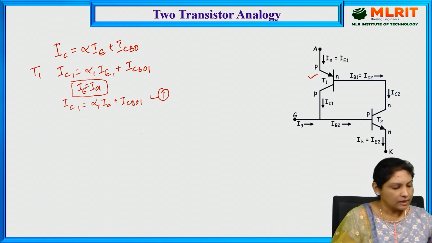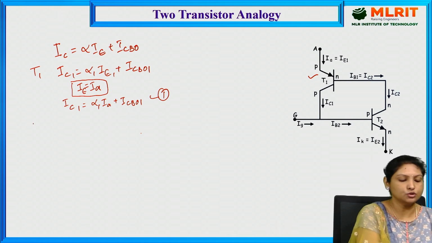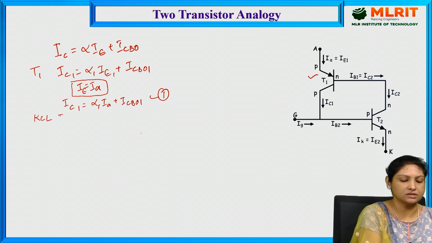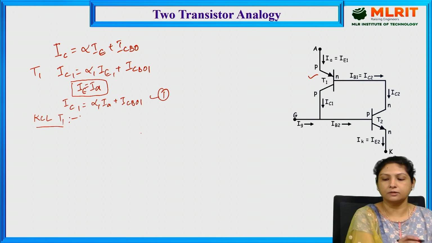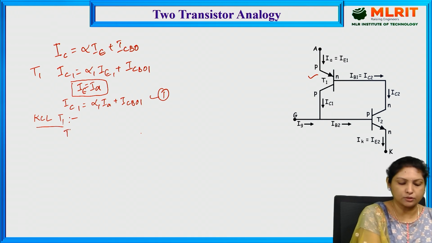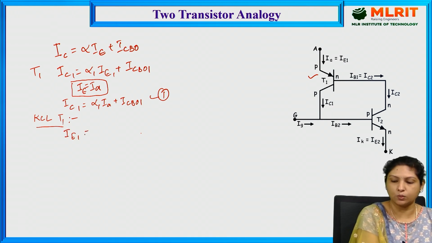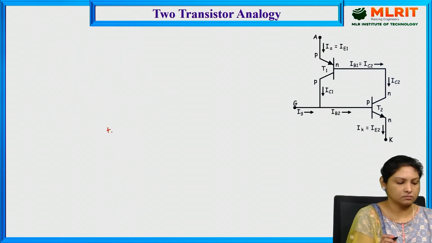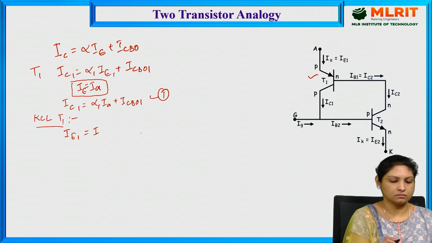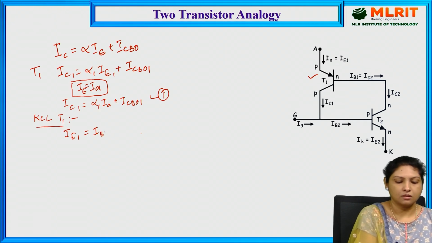Now, let us apply KCL to transistor 1. Applying KCL to transistor 1, we get IE1 is equal to IB1 plus IC1.